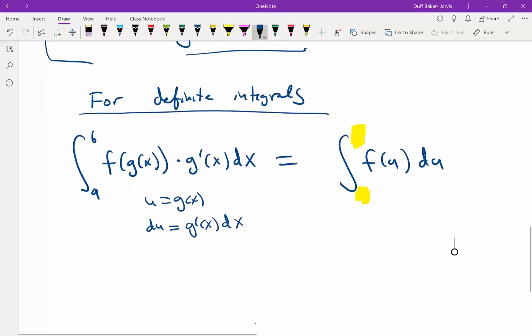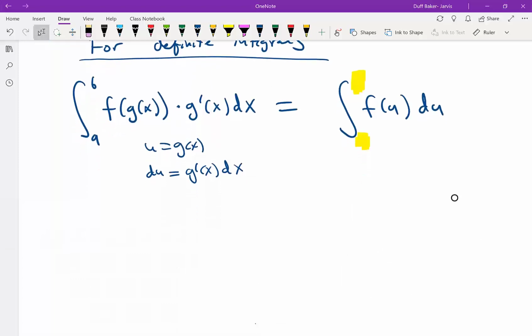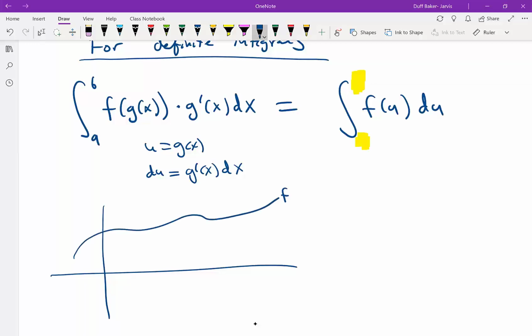If you really sit down and think about it for a while, you'll realize that they have to change. Because in the first integral, you have some complicated function here, and you're trying to find the area between, say, a and b.